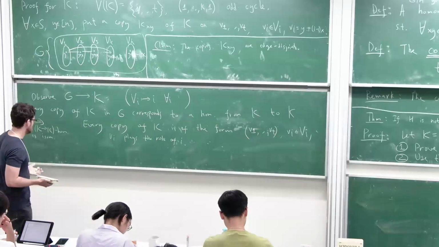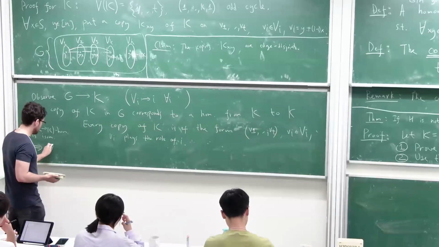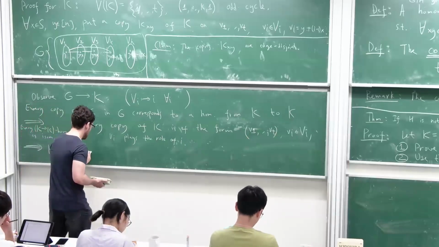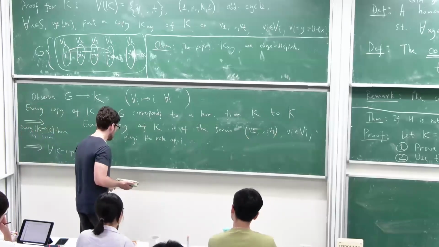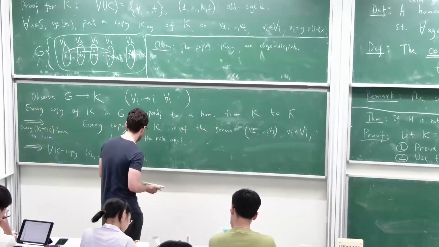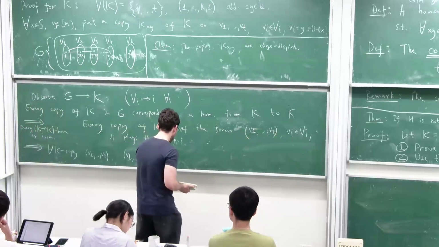And in particular, for every K copy, B_1 up to B_p, the first k vertices, B_1 up to B_k, is an odd cycle.